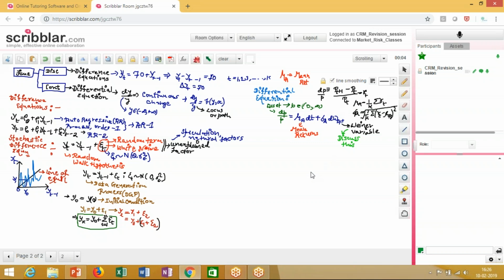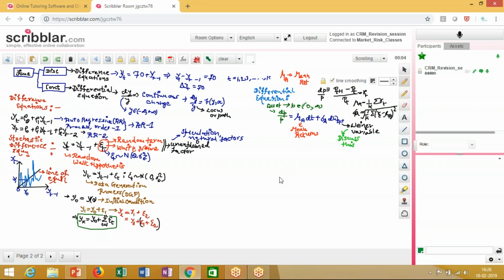So when I say a white noise error term, I essentially refer to the fact that it refers to the randomness of the time series that characterize the financial variables, right?